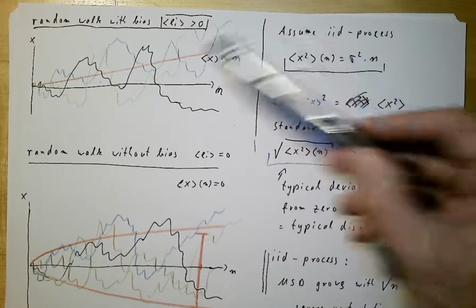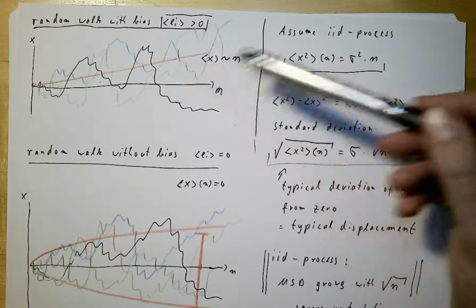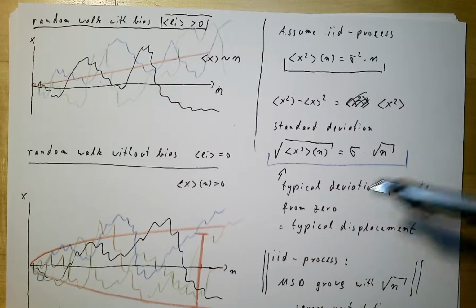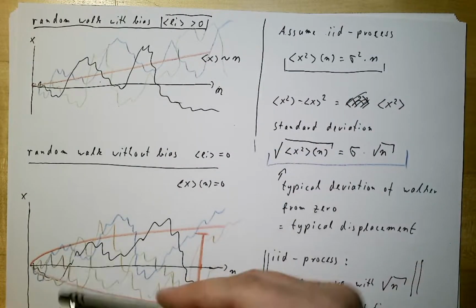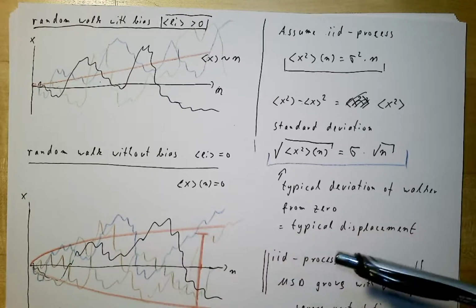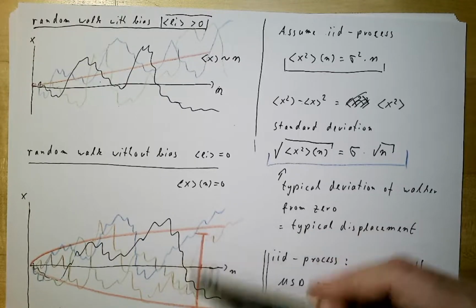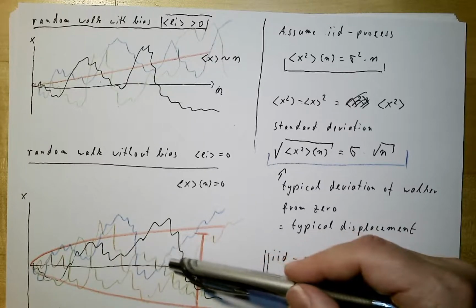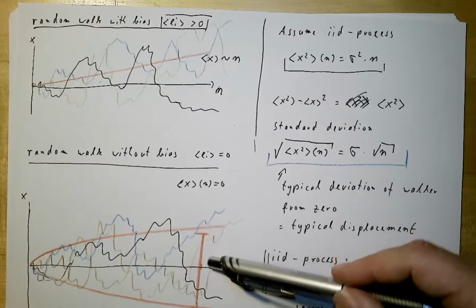The interesting properties are not hidden in the bias. So very often we assume symmetry. And with a symmetric random walk, the standard deviation, which is the typical displacement a walker can have, goes with the square root of time.